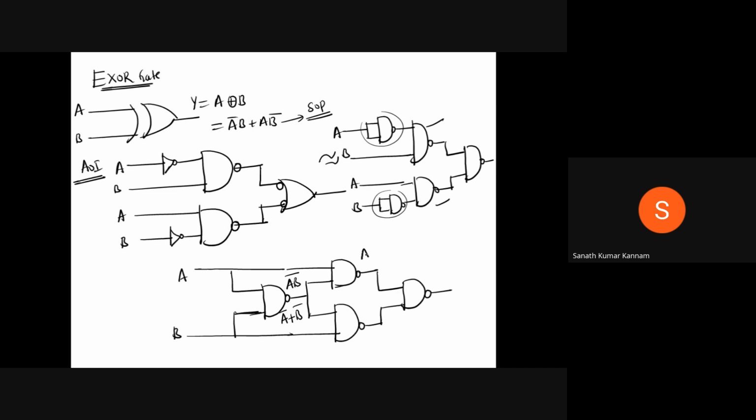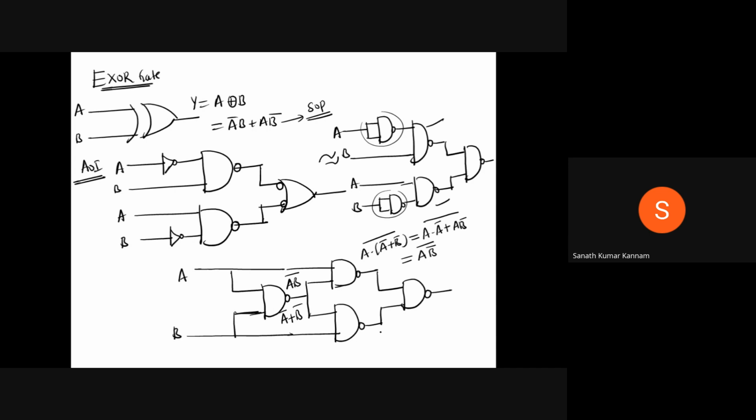So this is A and A bar plus B bar whole bar. This is A and A bar plus A B bar whole bar. A and A bar equal to 0. So you will get A OR 0 equal to A itself. You get AB bar whole bar.